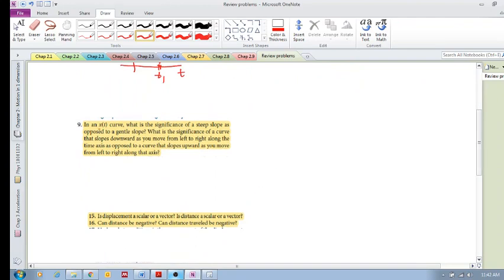Okay, 9 says, in an xt curve, what is the significance of a steep slope as opposed to a gentle slope? So if there's your xt, what is the significance of a steep slope versus a gentler slope? Well, we know the steeper the slope, we know that velocity is change in x over change in time.